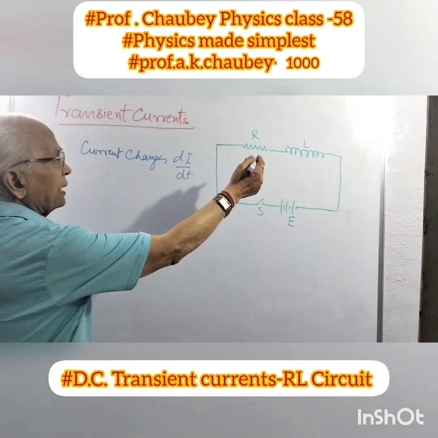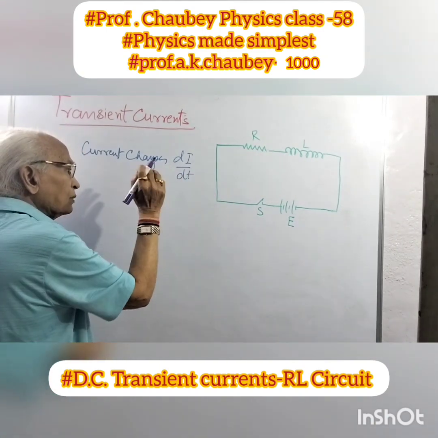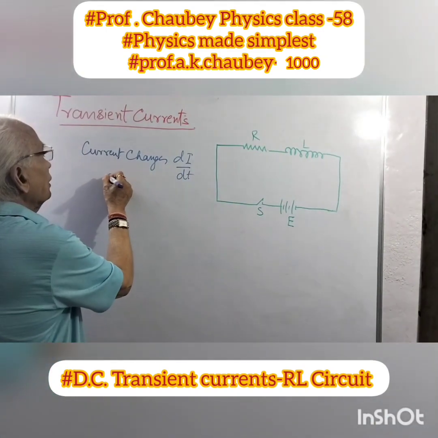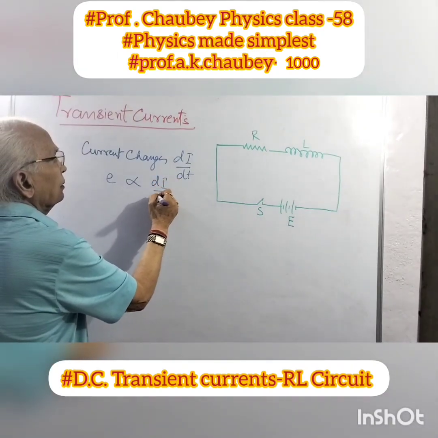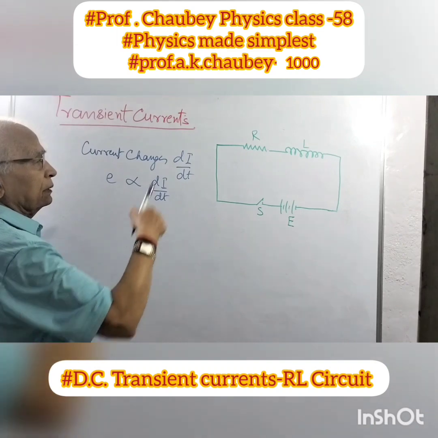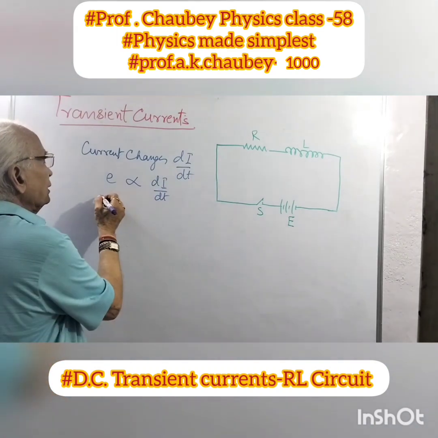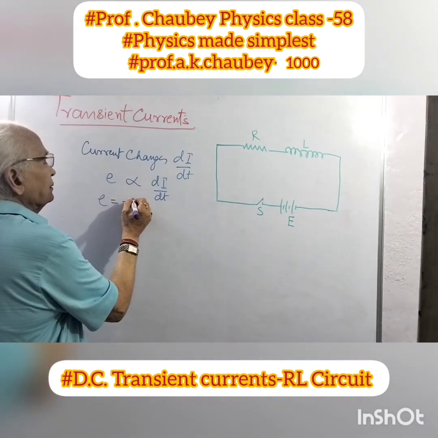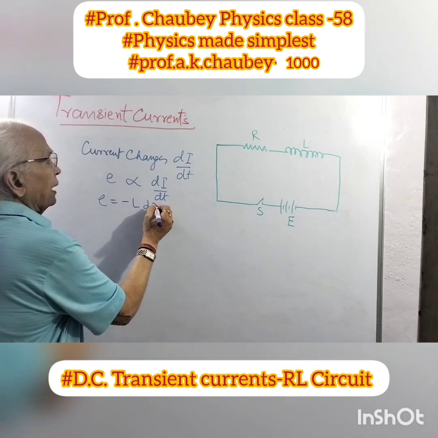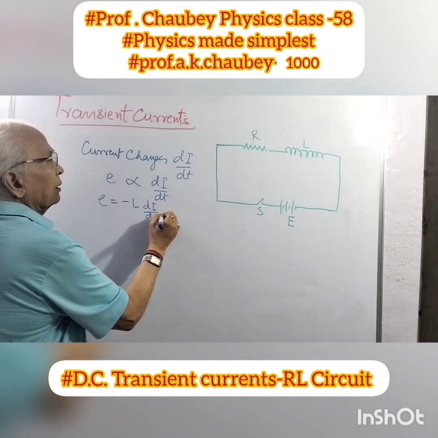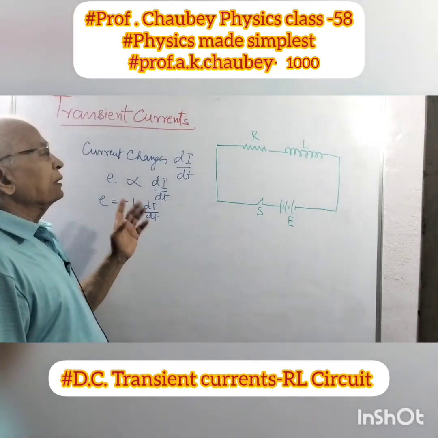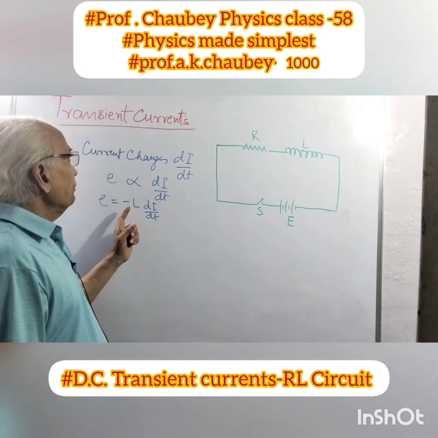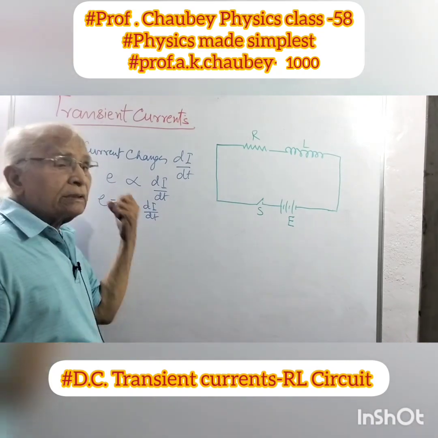So this induced EMF is proportional to di/dt, the rate of current change, and actually E is equal to minus L di/dt. This L is the property of this coil, which is called inductance, and L is called inductance of the coil. Why minus? Because this opposes the growth of current.